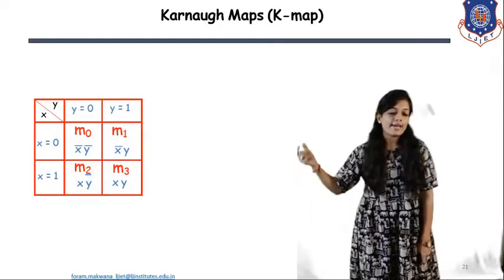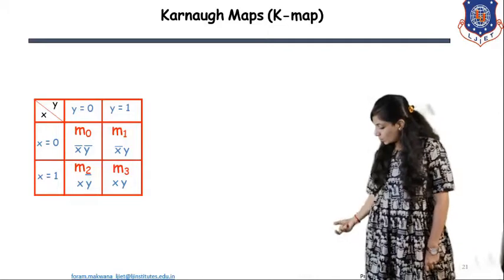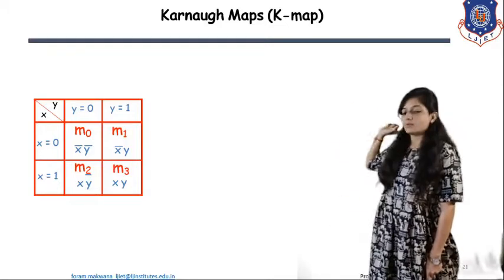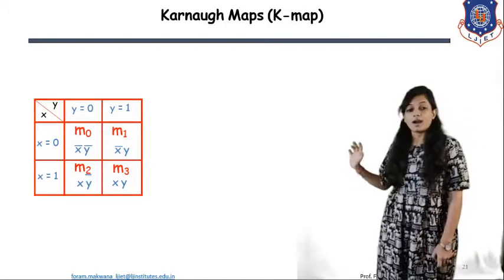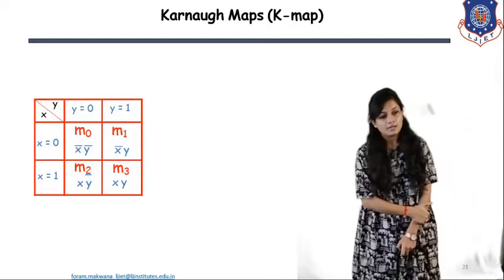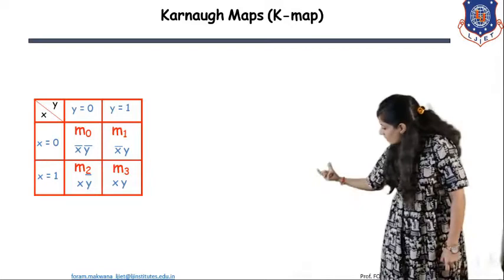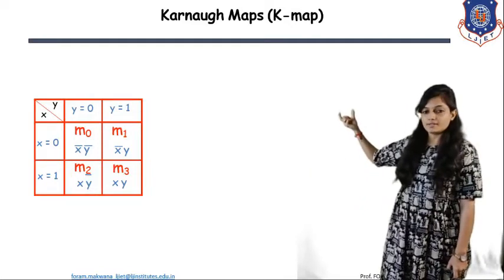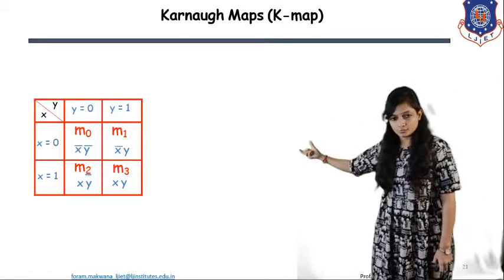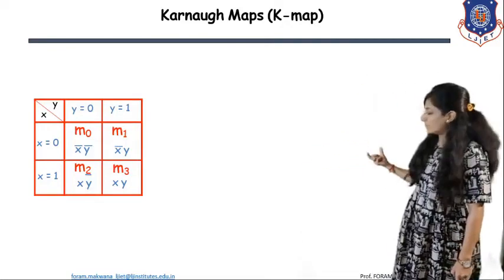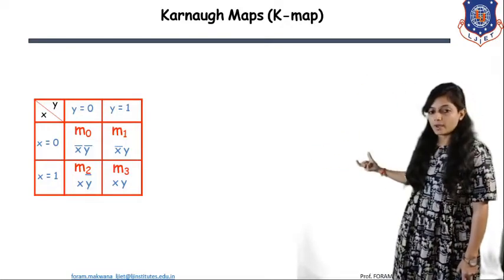Right? So x is equal to 0, x is equal to 1, y is equal to 0 and y is equal to 1. Now, m0, m1, m2, m3. How does it come? For x equals 0 and y equals 0, it represents x bar, y bar. For x equals 0 and y equals 1, that means x bar, y.